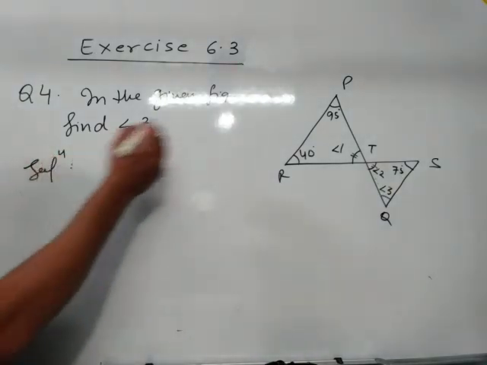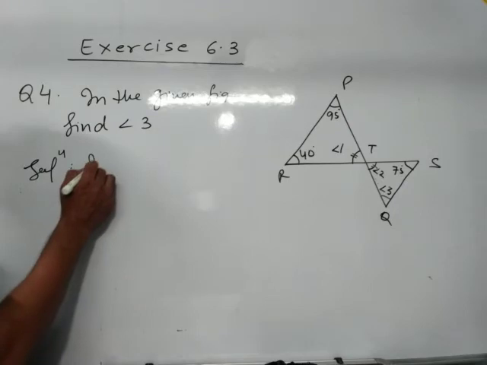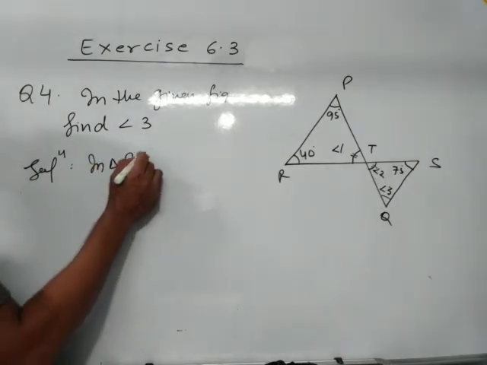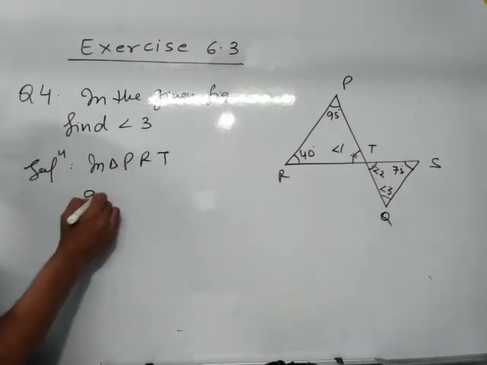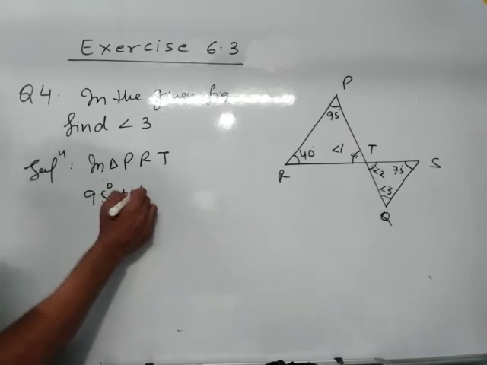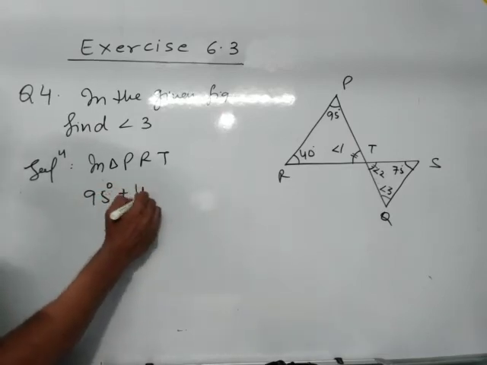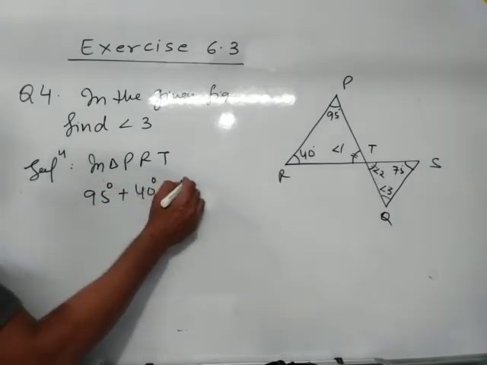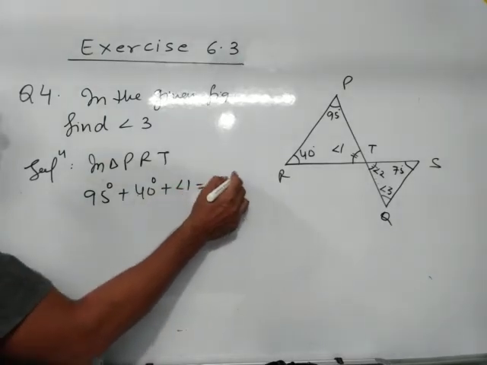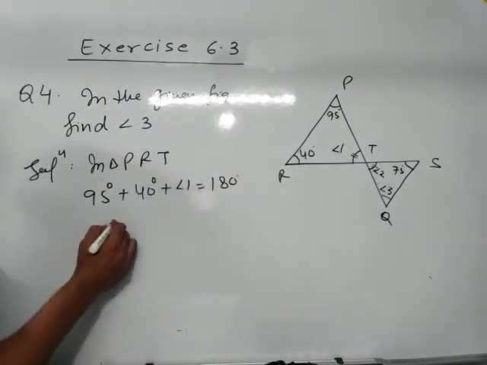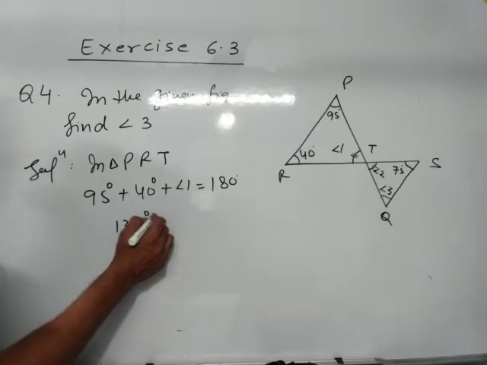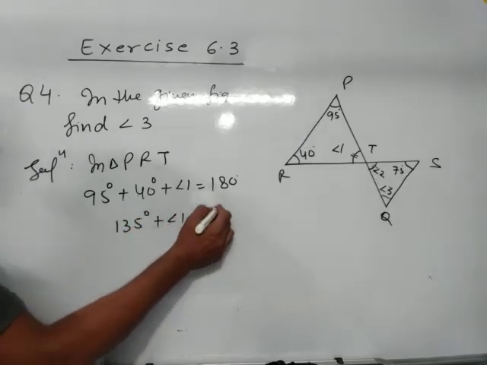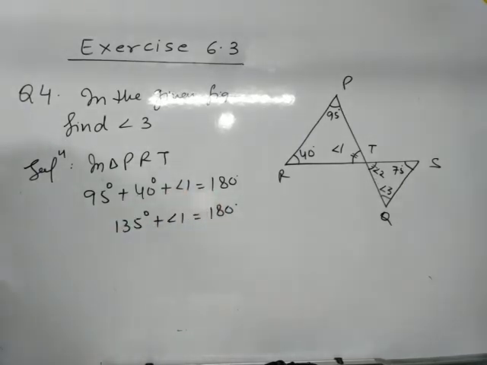Let us see how to solve. In triangle PRT, 95 degrees plus 40 degrees plus angle 1 is equal to 180. 135 plus angle 1 is equal to 180. Is that clear?